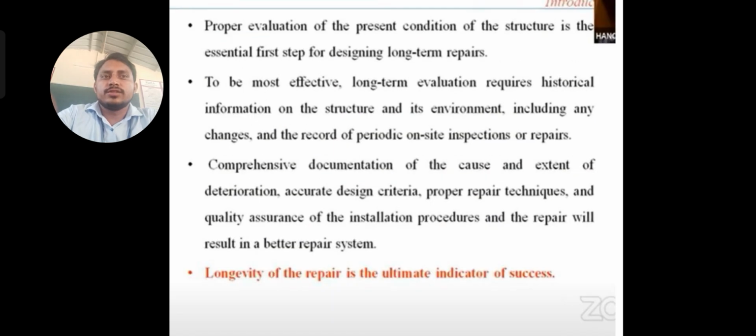And proper evaluation of the present condition of the structure is the essential first step for designing long term repairs. So we need to identify and evaluate the condition of the existing structure. That is considered the first step for the design of long term repair. To be most effective, the long term evaluation requires historical information on the structure and its environment.